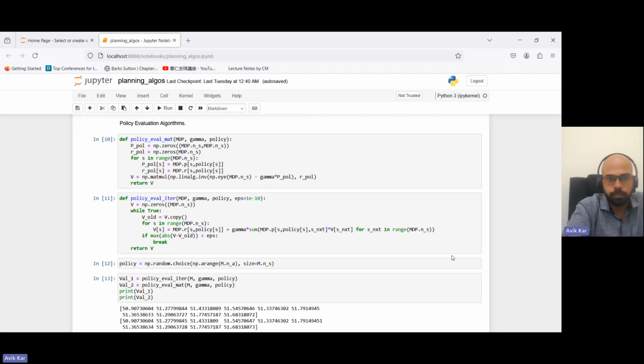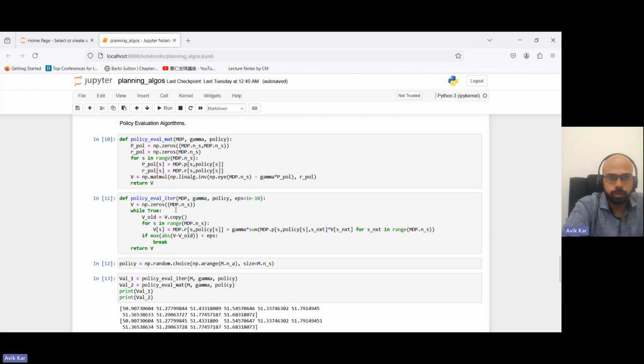One is the matrix inversion method, where V pi is equal to I minus gamma times P pi, the entire thing inverted, times R pi. P pi is the transition probability matrix induced by policy pi. R pi is the reward vector induced by the policy pi.